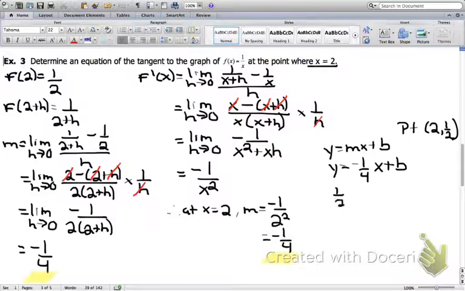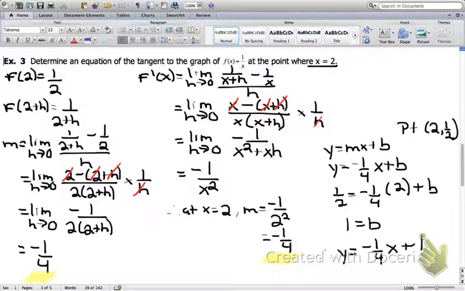So I have 1/2 equals -1/4 times 2 plus b. And when I evaluate here, I'm going to get that my b is equal to 1. And therefore, our y is equal to -1/4 x plus 1.